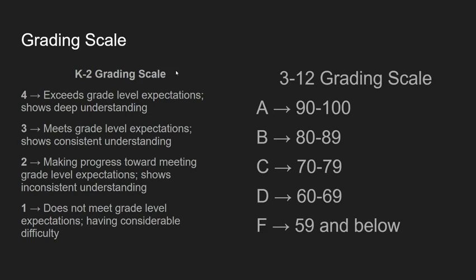It's a 1 to 4 scale, and each number indicates a level of mastery for that particular standard. A level 4 is a student exceeding the grade level expectations. A level 3 meets grade level expectations. A level 2 is making progress towards, and a level 1 does not meet.